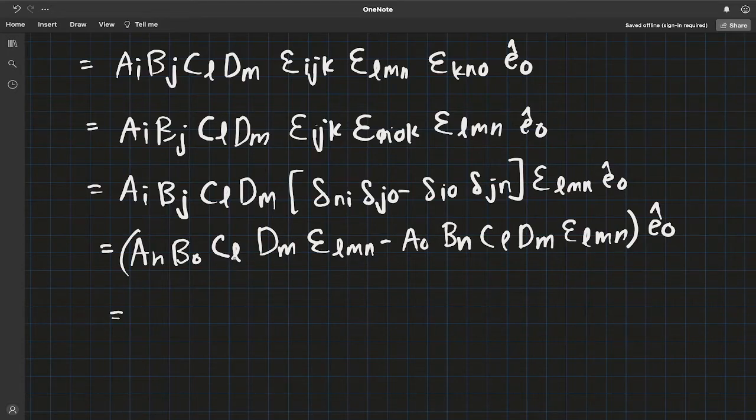So we have L, M and N, which match the Levi-Civita. So this is simply C cross D dotted with A and a B vector up front. So let me just square bracket this.